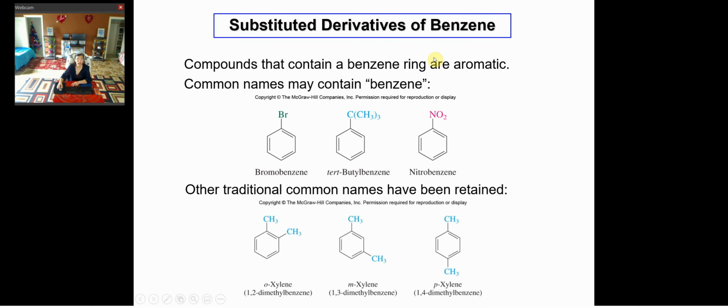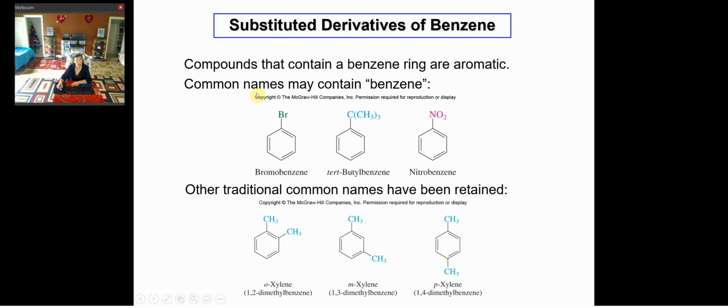After you know the structure of your benzene, how do you name the substituted derivatives of benzene? Generally speaking, we are going to use benzene as the parent. Compounds which contain a benzene ring are aromatic.